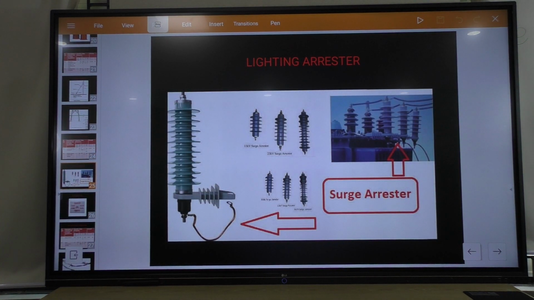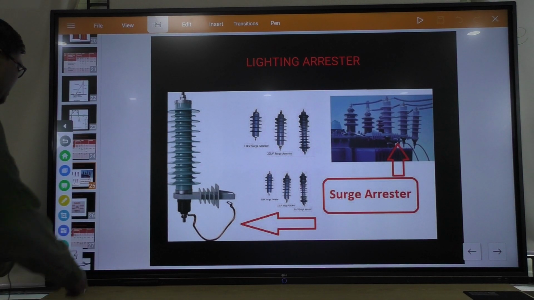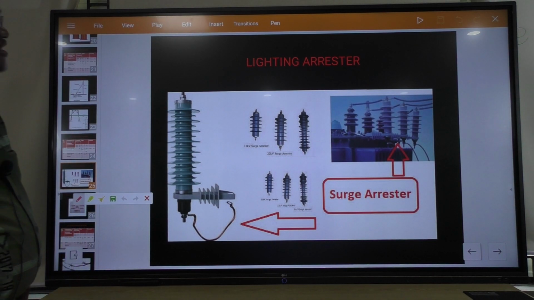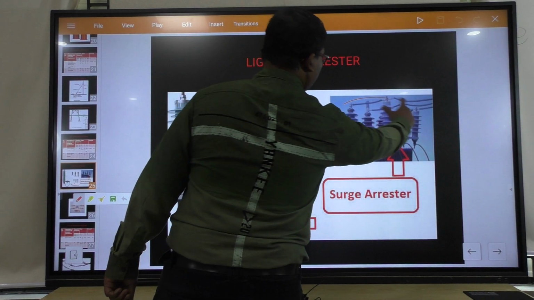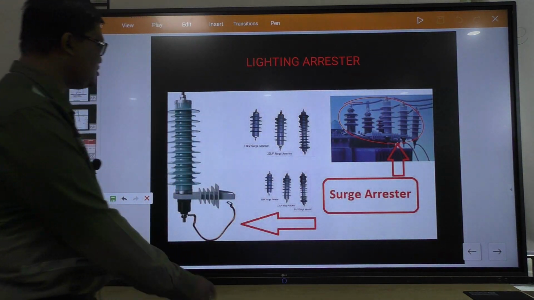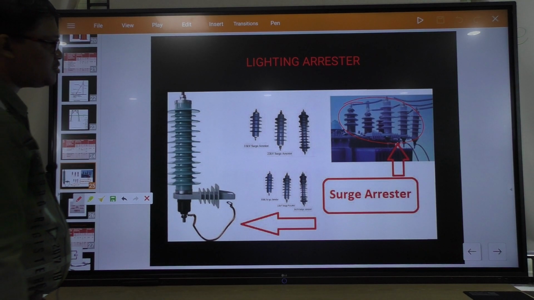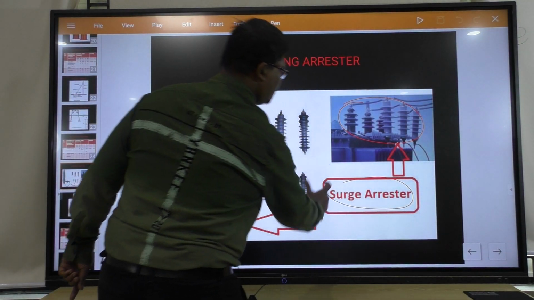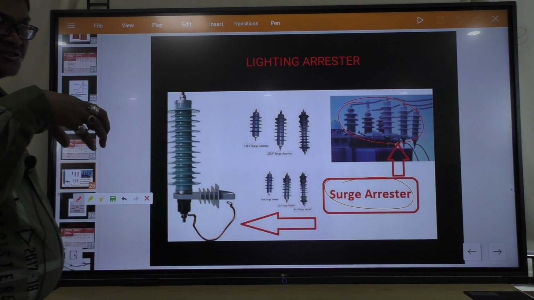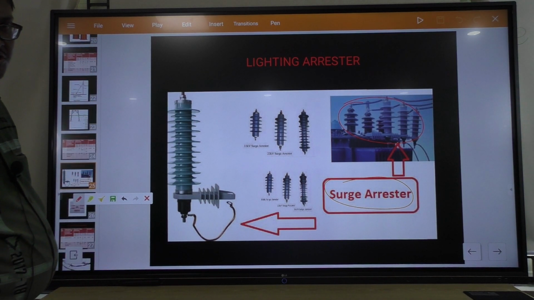This is the lightning arrester structure. These lightning arresters are placed at the top. This is the lightning arrester, 11 kV, or it is also called surge arrester. It is because it suppresses the voltage surge due to lightning.